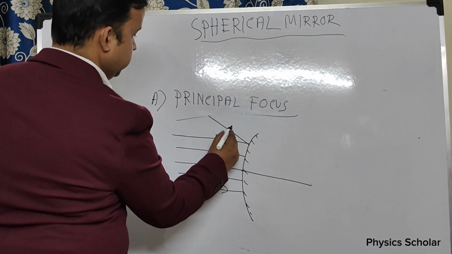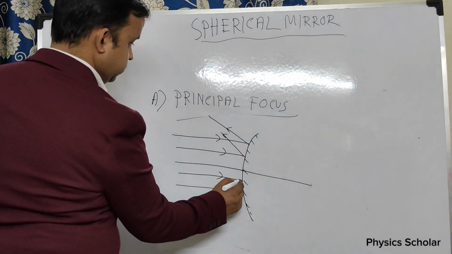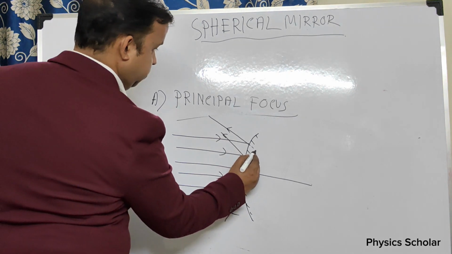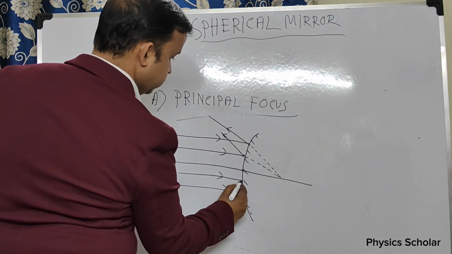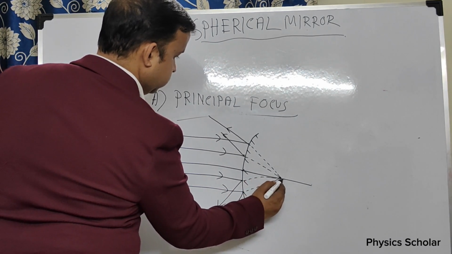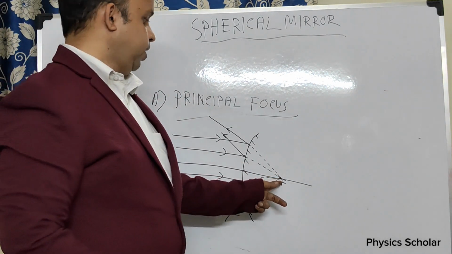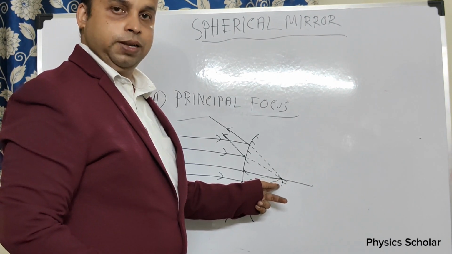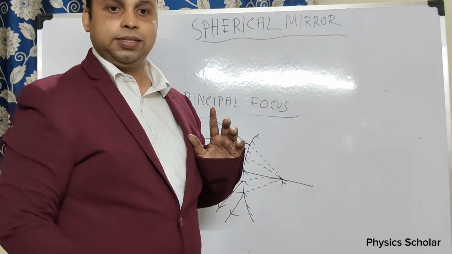Now they will be deflected like this. If we extend the rays at the back side of the mirror, then that point on the principal axis is known as the principal focus of that convex mirror.